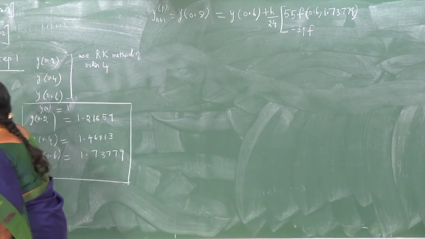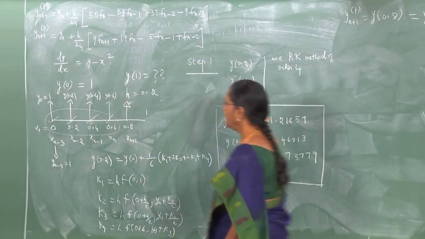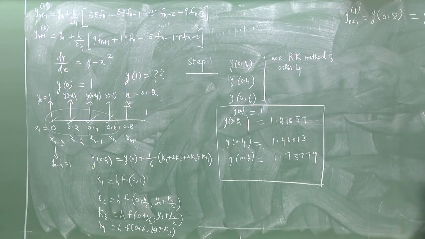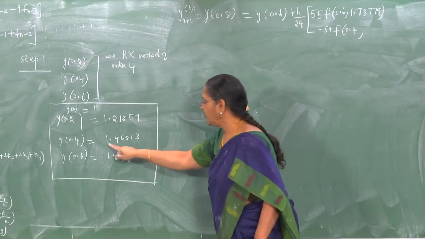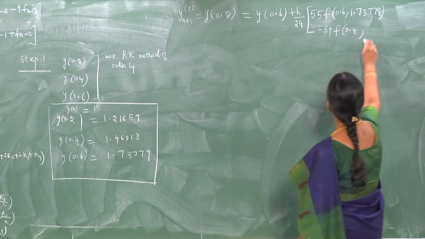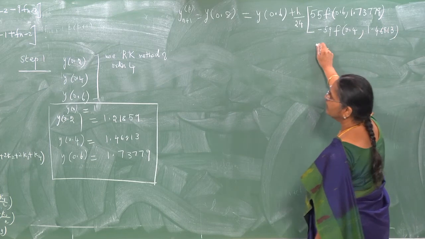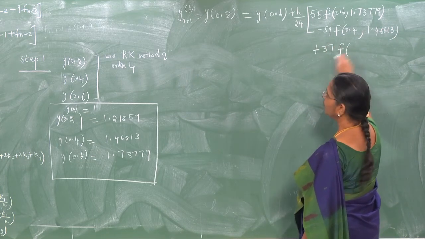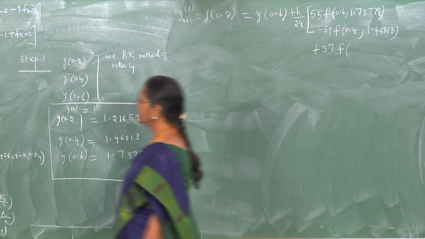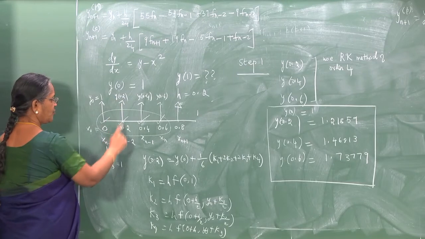It is xn minus 1, yn minus 1. So, it is f at 0.4 comma, what is yn minus 1? We have computed it to be 1.46813. Then the next term is 37 fn minus 2, and fn minus 2 is f of xn minus 2, yn minus 2.